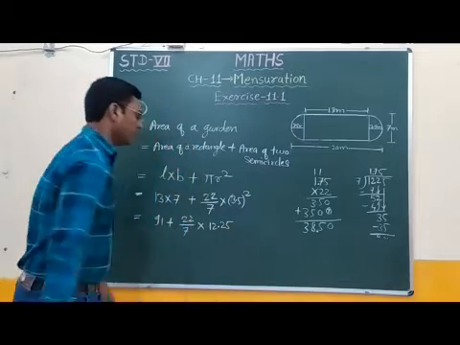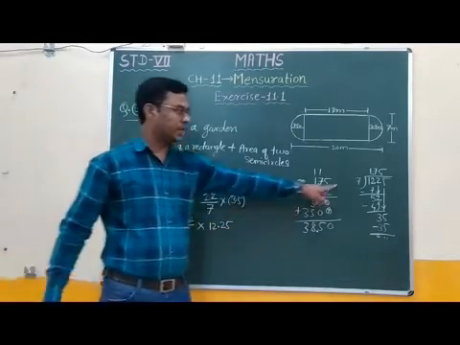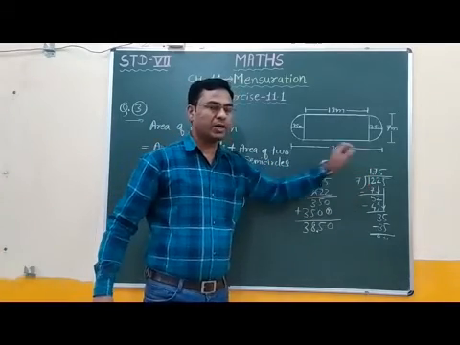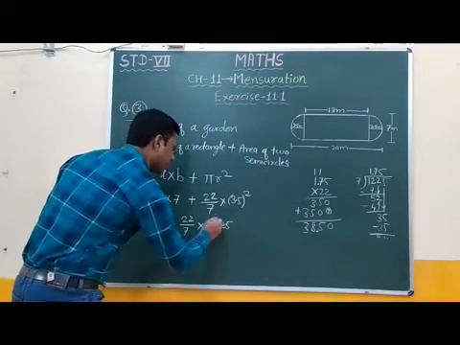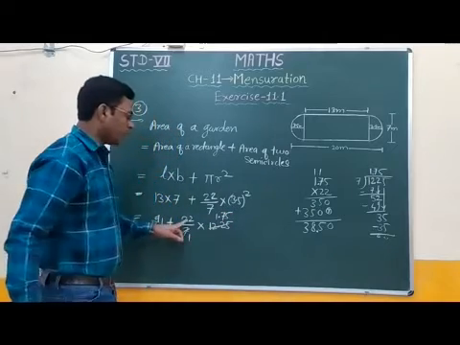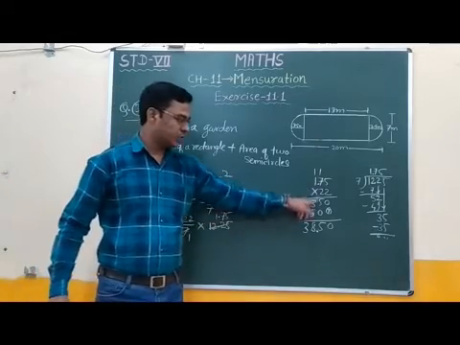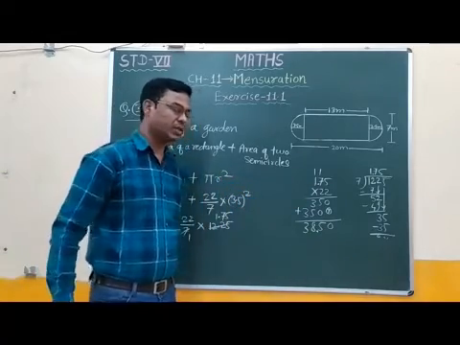Now if we divide this 12.25 by 7, then we will get the answer 1.75. Now the multiplication of 22 and 1.75 is equal to 38.50.